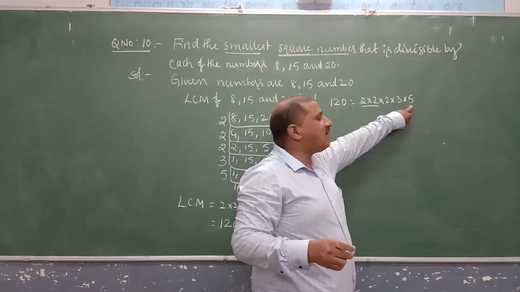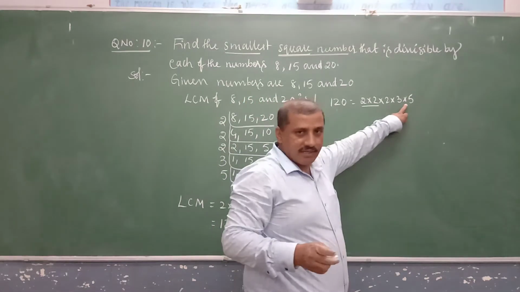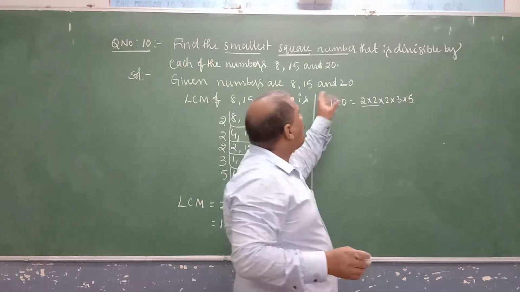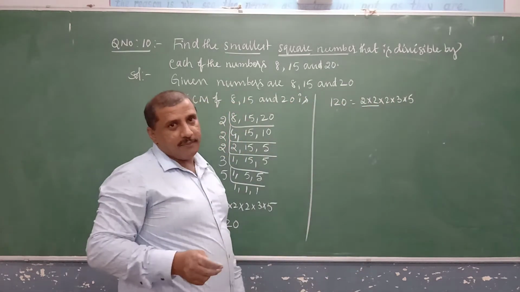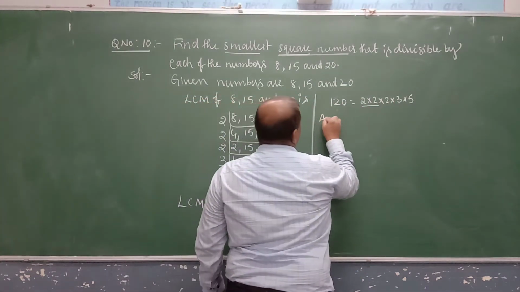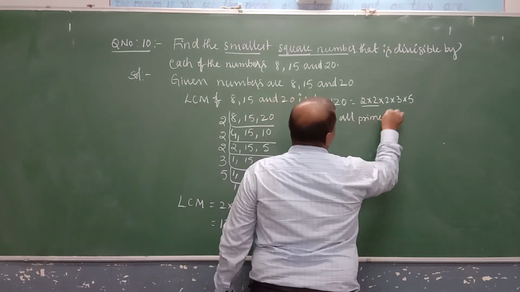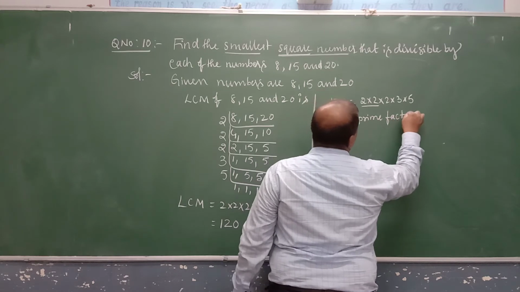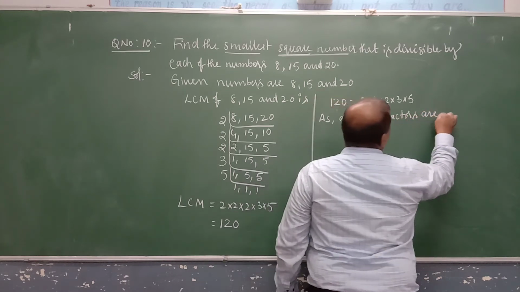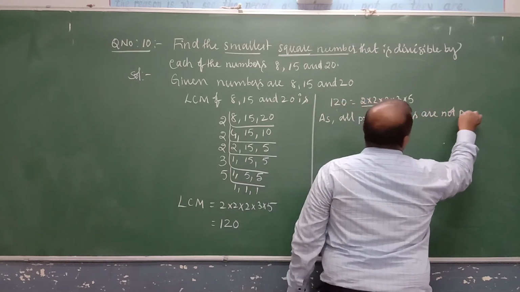Here 2, 3 and 5, these three prime factors are not paired, hence 120 is not a square number, as all prime factors are not paired.